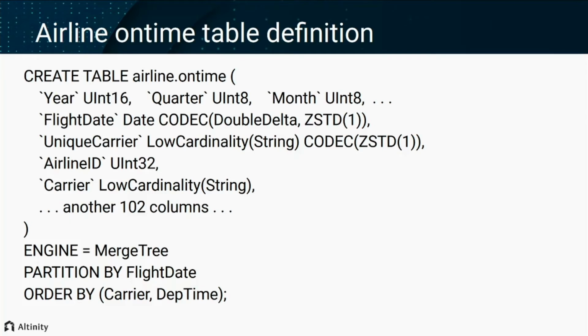So for example, uint16, uint8, these are ints, and similar to the SQL data types, you can actually map them mentally. We have the flight date, which is a date. We have string, which is of course a string, or actually varchar, or char to put it in MySQL terms.